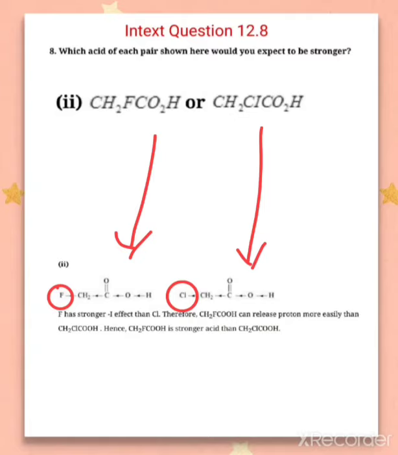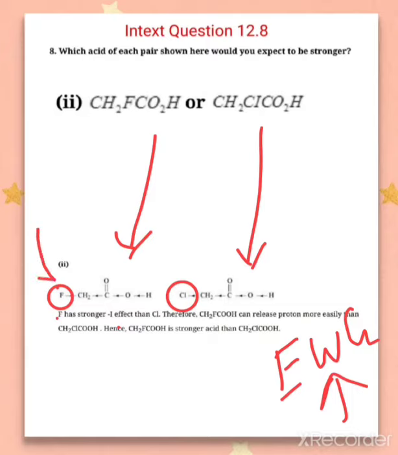Both are electron withdrawing groups and both show a minus I effect, but F has a stronger minus I effect because F is more electronegative than Cl. Since both have electron withdrawing groups, the acidic character increases, but the greater effect will be due to the fluoro.